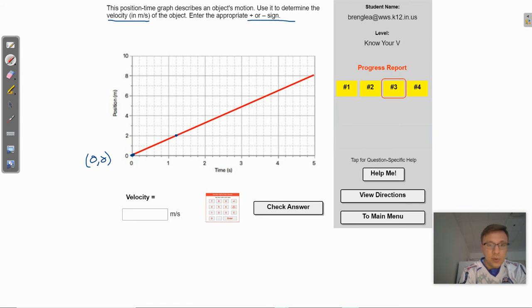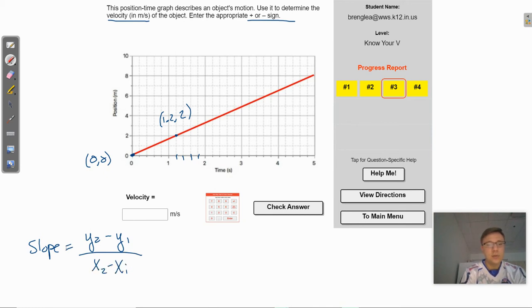And then this one would be 0.2, 0.4, 0.6, 0.8, 1, 1.2. So 1.2 is our x-axis. So this is going up by 0.2s, each one of these here. Okay, so 1.2. And then that's at 2 meters on the y-axis. Okay, so for slope, remember that it's y2 minus y1 over x2 minus x1.